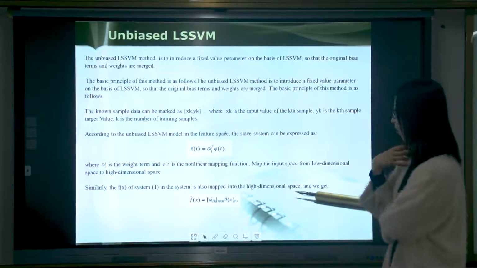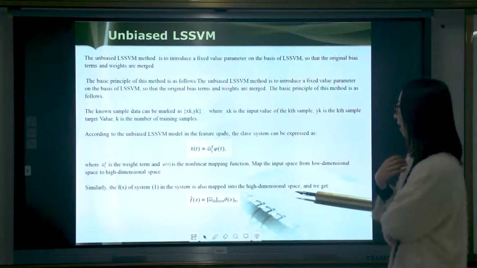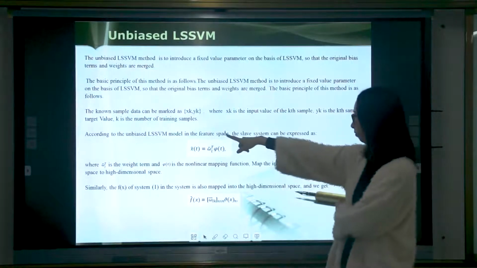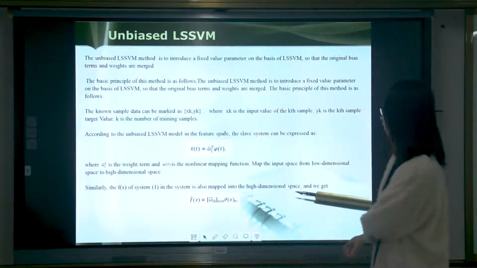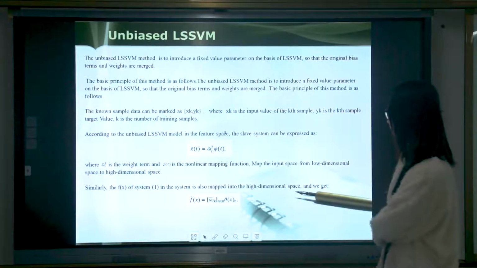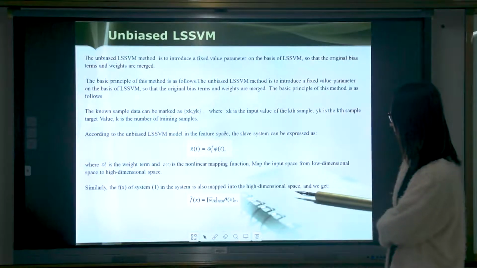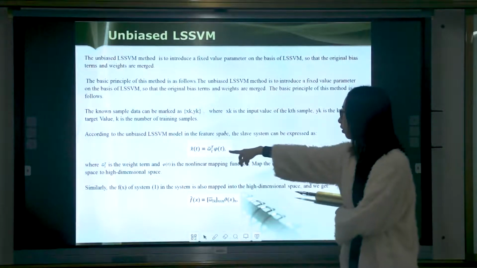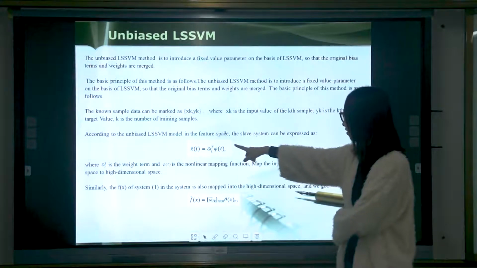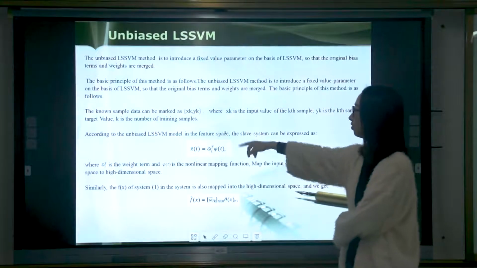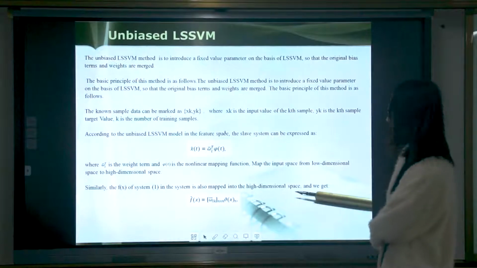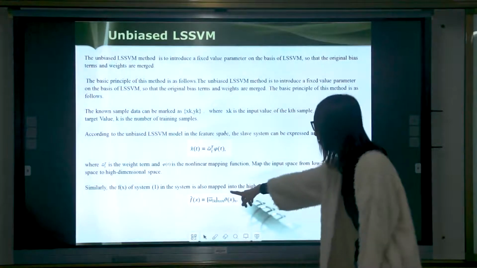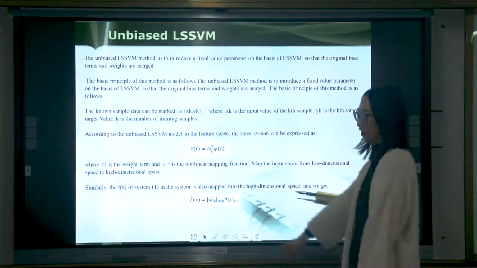We get unbiased LSSVM from the LSSVM algorithm, just adding another parameter, which is called lambda. The master system can be expressed through this method with this equation, and similarly for f(x) of system 1, we can get this equation.